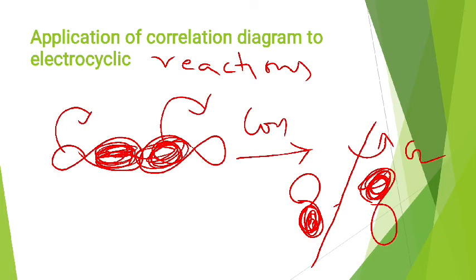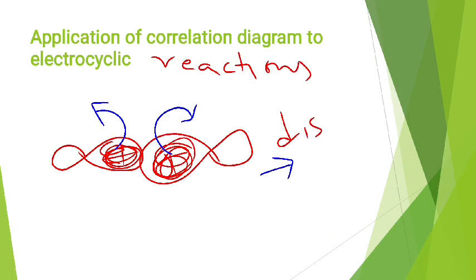For the ring opening in the conrotatory mode, the resulting orbitals have a C2 axis of symmetry. That means if the ring opening takes place in conrotatory mode, the C2 axis of symmetry is maintained.